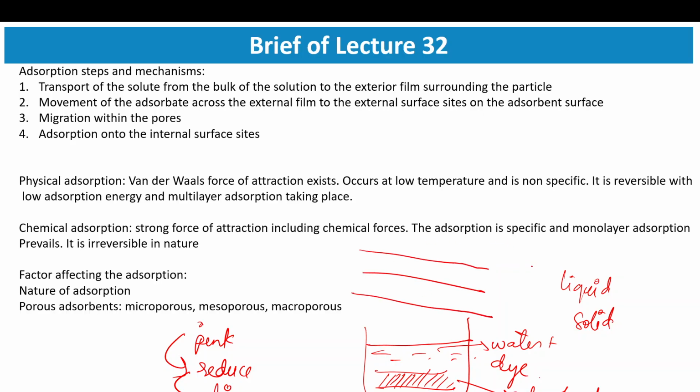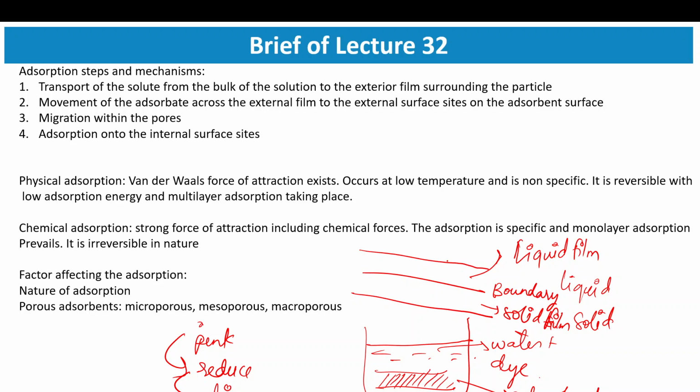This is the boundary or separation between solid and liquid, and there will be a liquid film and a solid film, where you will face some sort of resistance for the transport of material, right?